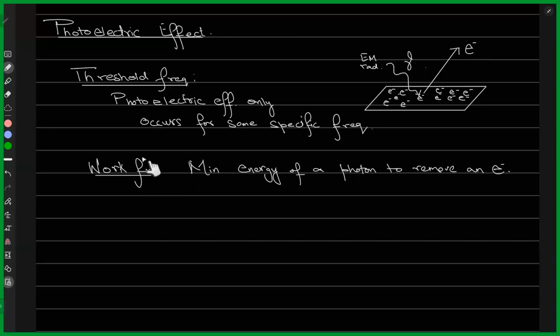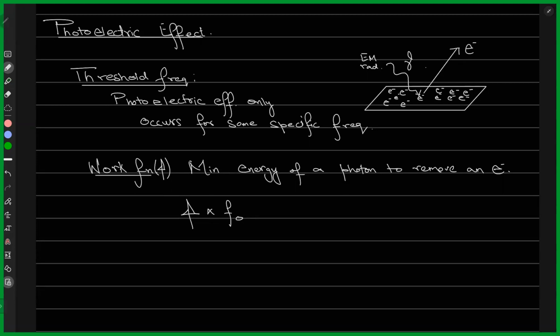The work function is usually denoted by the symbol phi, and this symbol phi, the work function, is equal to, mathematically, some constant h times the frequency, right? Because again, it depends on a frequency. This frequency is the threshold frequency that we talked about initially.